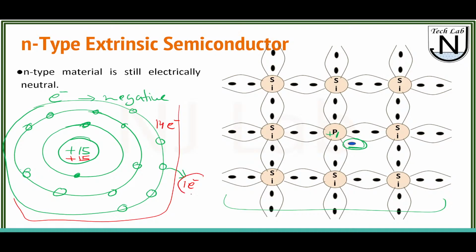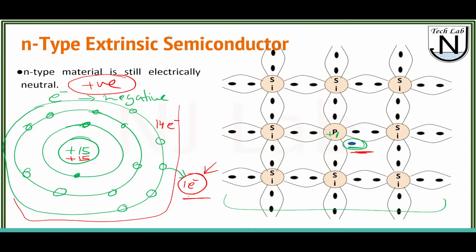But this free electron which just came out of the atom is also present nearby, within the crystal. This atom without this electron is positive. But if we talk about the complete crystal, it consists of this positive part plus this one electron.